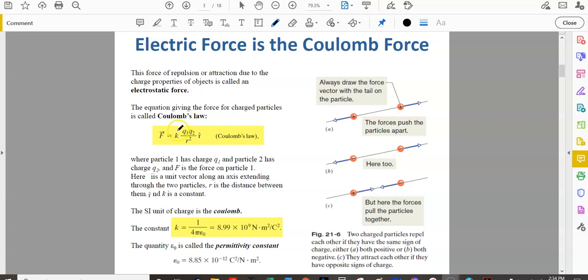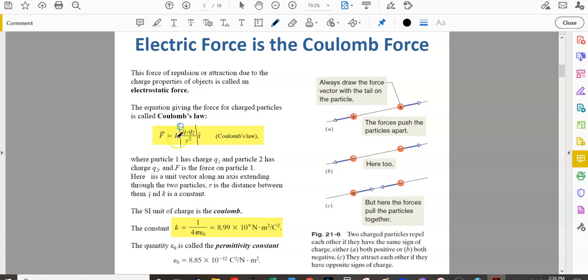Since this is a vector, the sign of those Q's isn't going to matter, so you want to put an absolute value around those. The direction of the force vector is responsible for a positive or negative force, not the charge. Charge does not affect a vector.